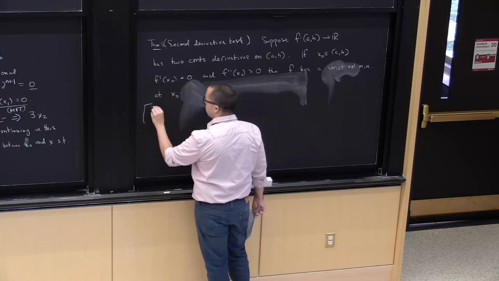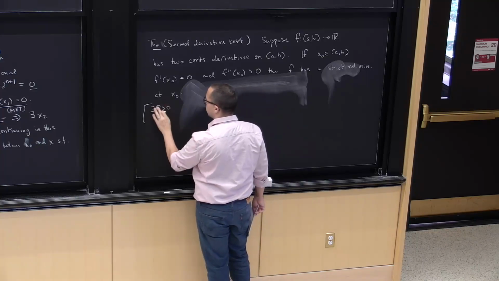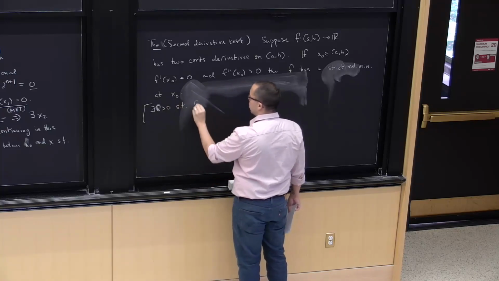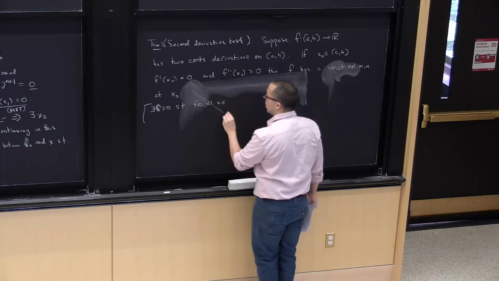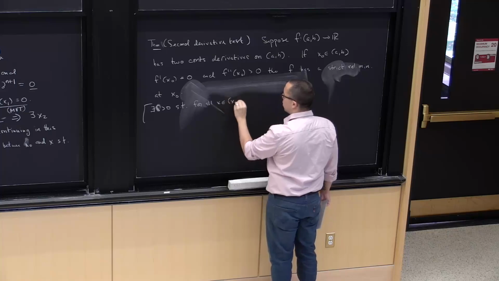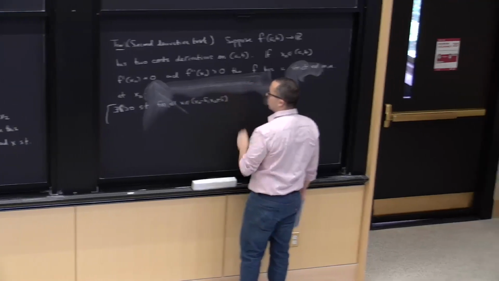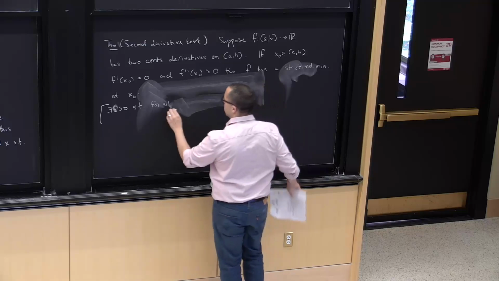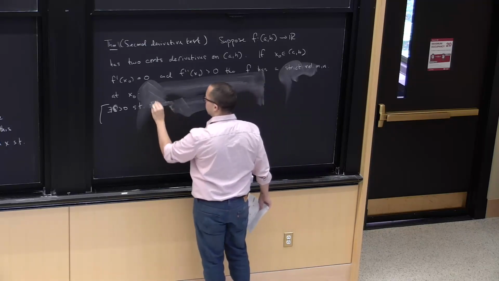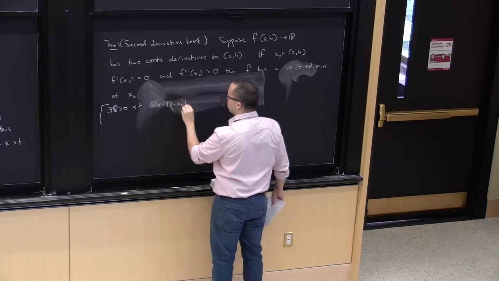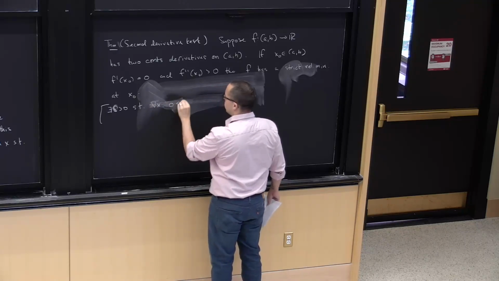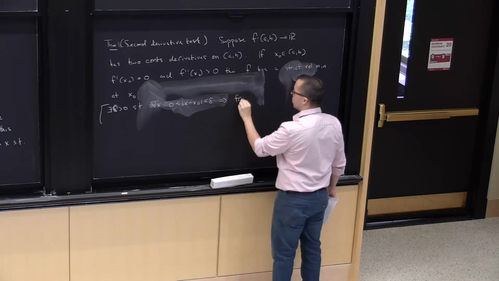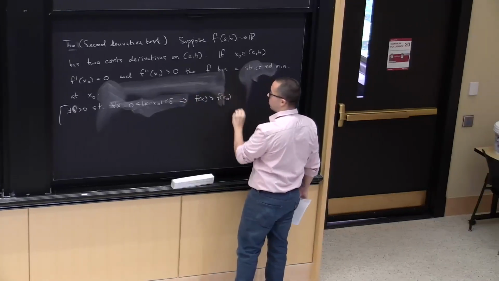This means there exists a delta positive such that for all x with x minus x0 small, not equal to zero, implies f of x is bigger than f of x0.